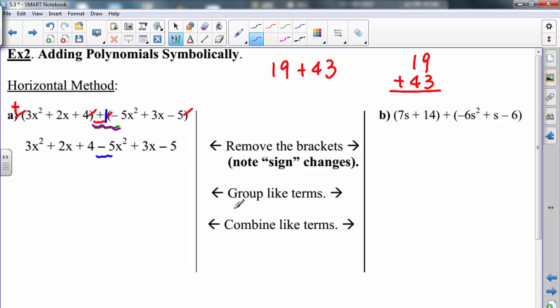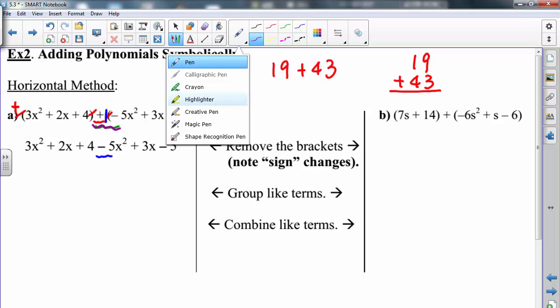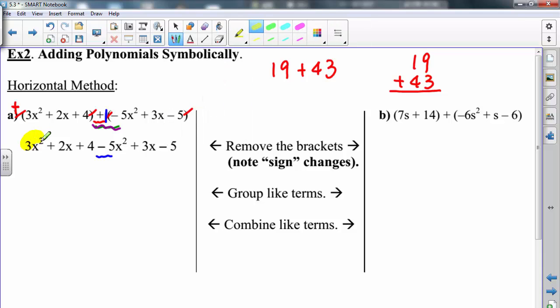Then we can just group the like terms using the highlighters. So I will see 3x squared. Let's find its like term. Its like term is negative 5x squared. Right now, let's change a color to another pair of like terms.